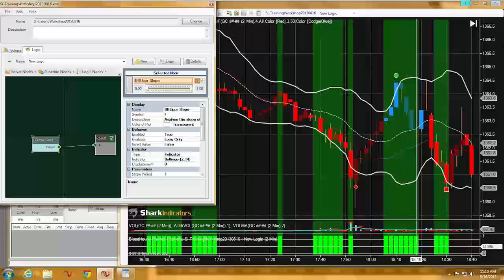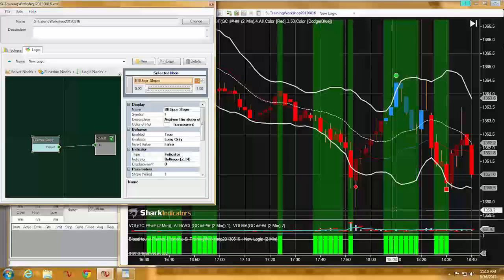And so he says, I want my exit logic to be when the signal turns off, which seems like it should be easy, but he's having a difficult time working that out.